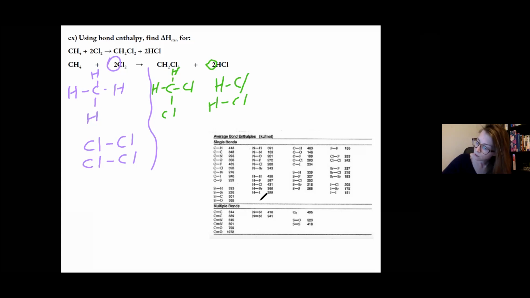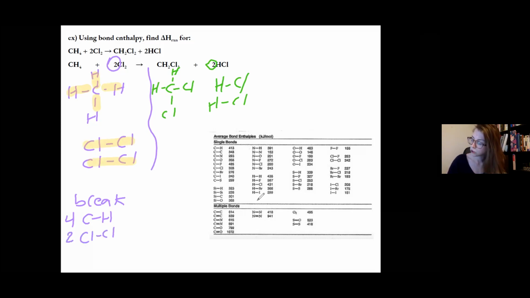So I have 1, 2, 3, 4 CH bonds that I am breaking. I also am going to break 2 Cl bonds that are single bonds.